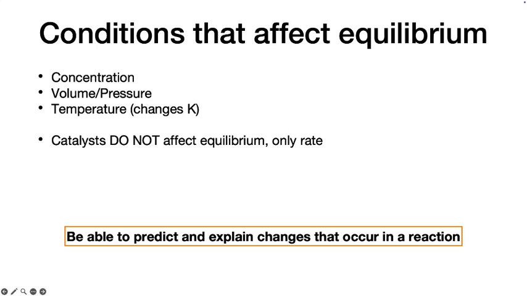That stupid quadrant system, so that you can manipulate and use it to work your way through answers. Okay? So when you go through and look for quiz 2, you need to be able to predict and explain the changes that occur in a chemical reaction. If we change those things, what's going to happen in our chemical reaction? Okay?